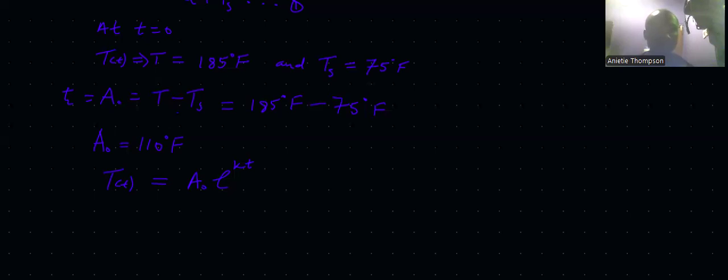Because of the convention earlier in our equation one, I can say plus Ts of the problem. Therefore, we have T of t equal to 110 degrees Fahrenheit times e to the power of KT plus 75 degrees Fahrenheit. All right, let's call this equation 2.